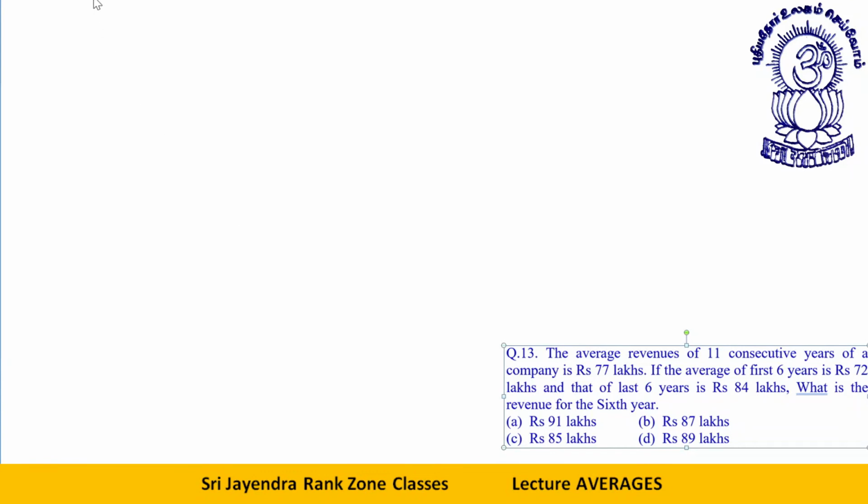Okay, the average revenue for 11 consecutive years of a company is 77. So what I'll be doing, I'll be doing 11 into 77 minus. If the average of the first 6 years is 72, the sum of the first 6 years is 6 into 72. The sum of the last 6 years will be 6 into 84. This will give me the sixth term.